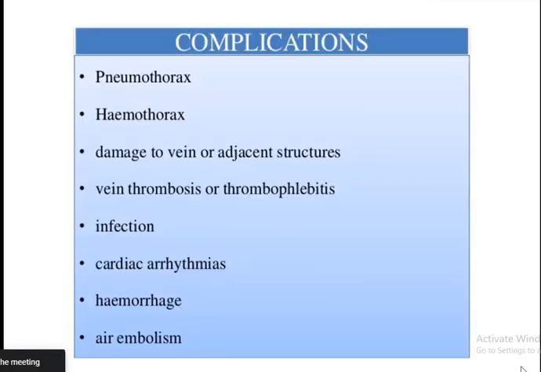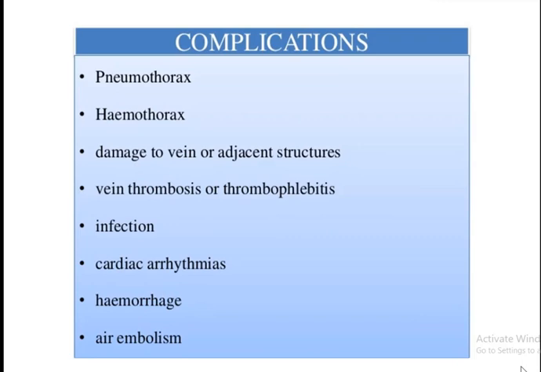Now, again, you should know what all complications can occur while inserting a central venous line. Most commonly, you can cause a pneumothorax or hemothorax, more common while inserting a subclavian, but it can occur even when you are inserting a jugular line.